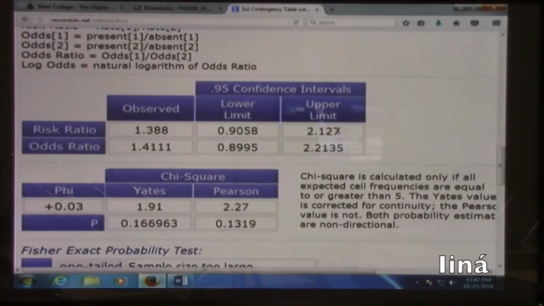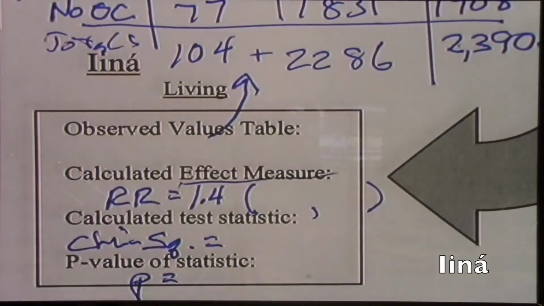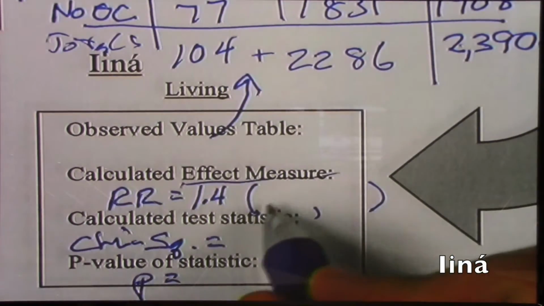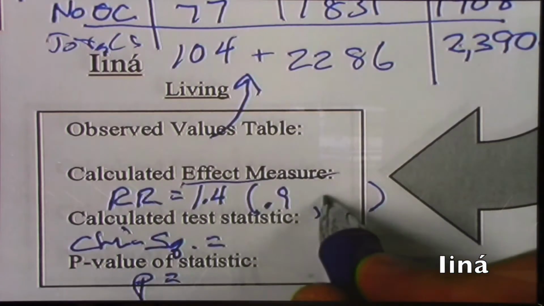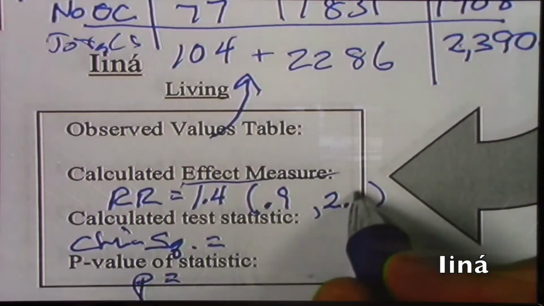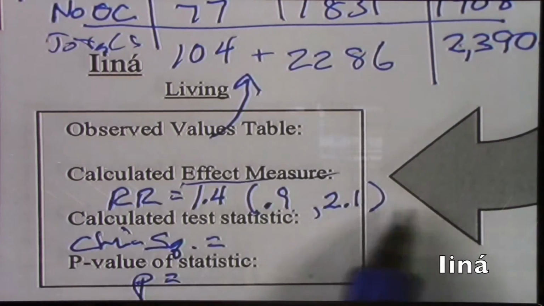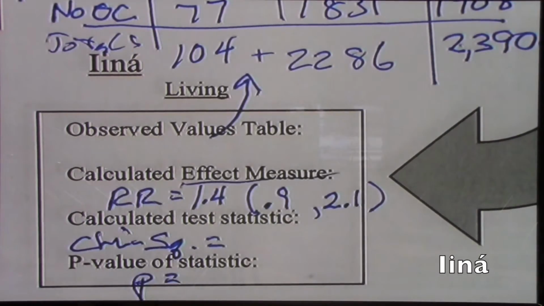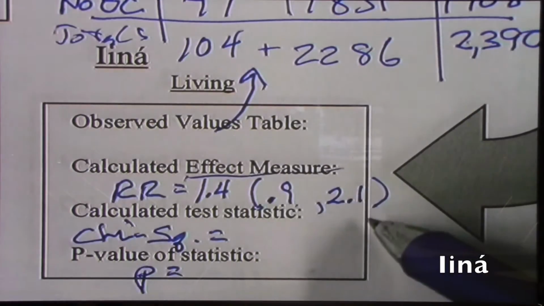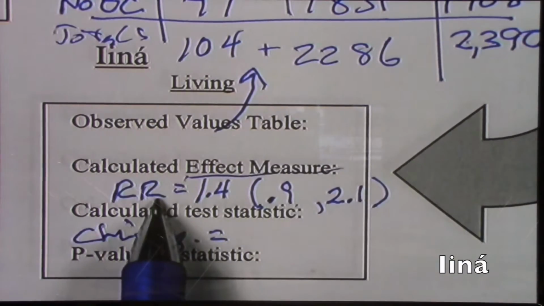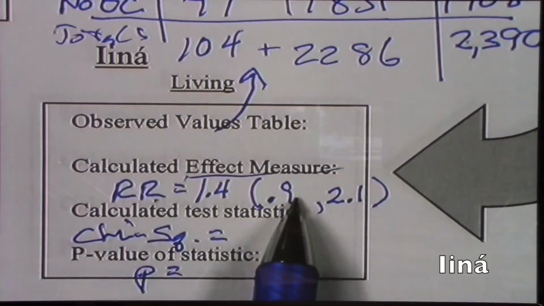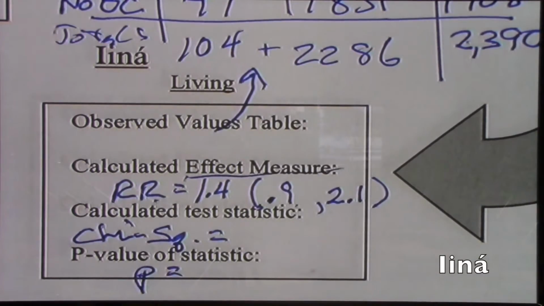So in parentheses, 0.9 and then comma 2.1 and then end your parentheses. So this is interval notation for the confidence interval.